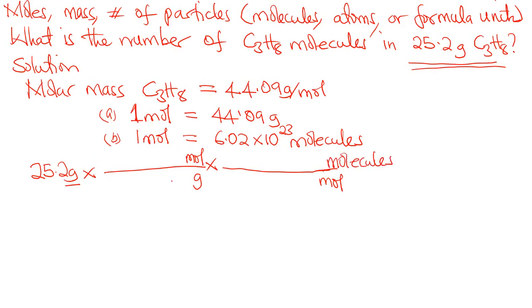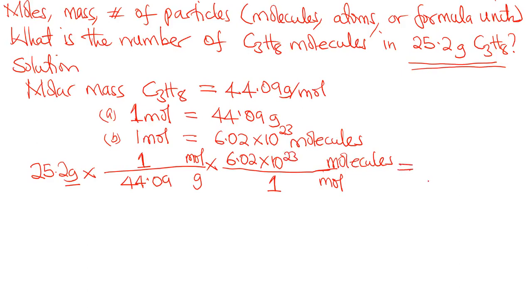So I just put the values in there. The gram has 44.09. The mole has 1. And this mole has 1. And the molecules has 6.02 times 10 to the power 23.